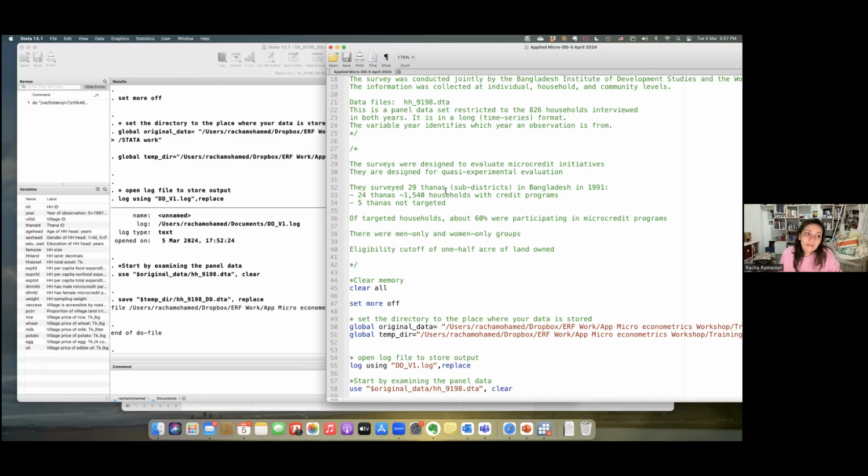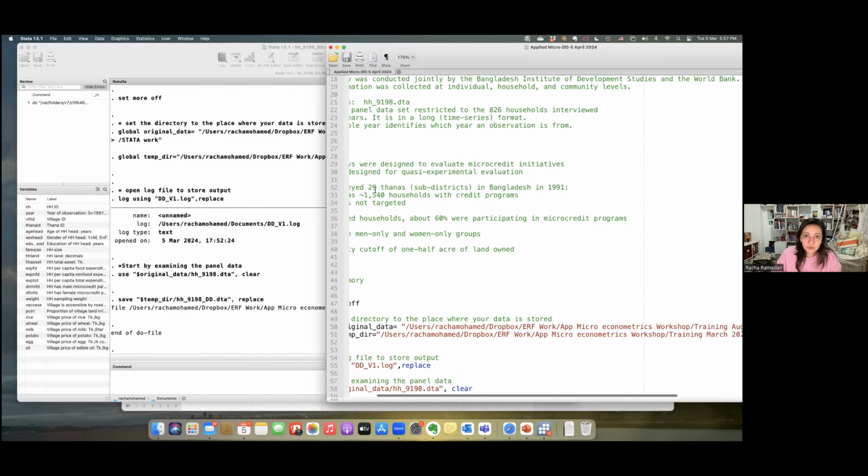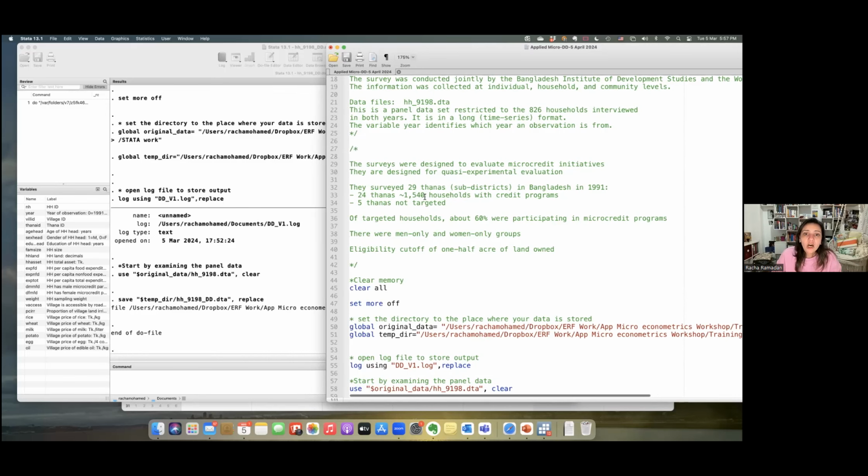However, there are 5 that had not been targeted, and this is important when we try to apply the program to individuals in 1 year to see if we can use a diff-in-diff using geographical difference and not time difference. We'll see it also as an example. There was an eligibility criterion to decide who will take the microcredit and who will not. The cutoff is half an acre of land owned.